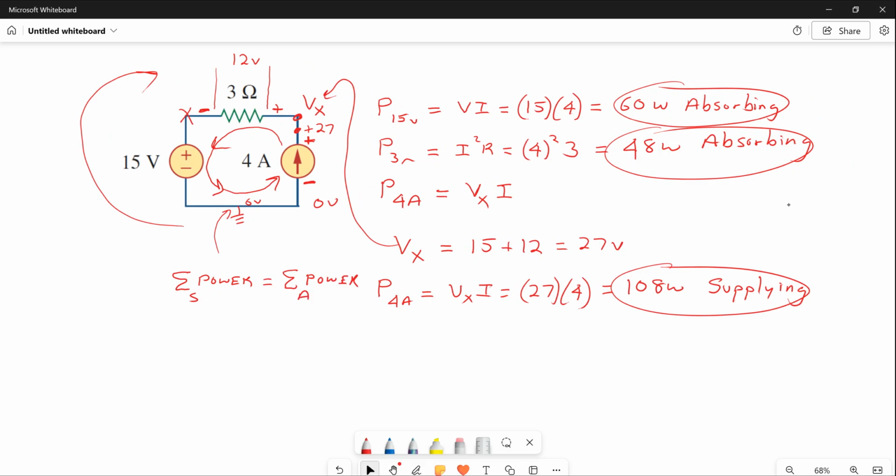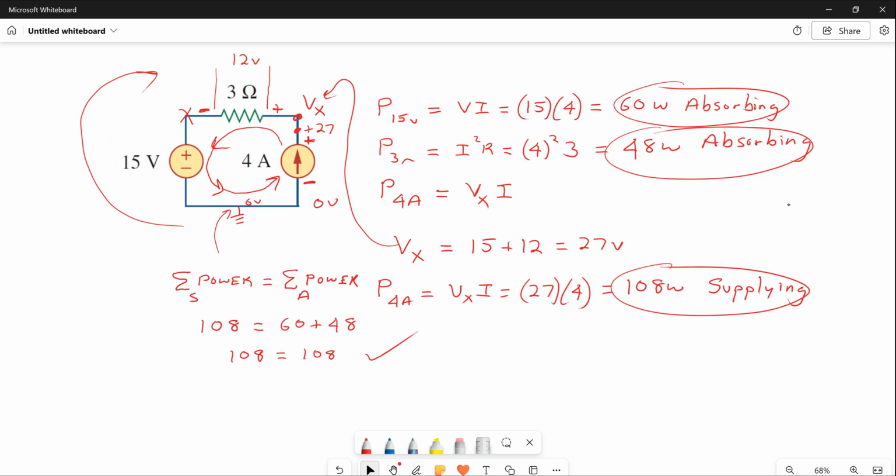So if you take a look at what's been supplied, you have 108, and that better equal the sum of the powers being absorbed, which is 60 plus 48, and you'll get 108 being supplied has to equal the 108 watts being absorbed, and you know you made your calculations right.